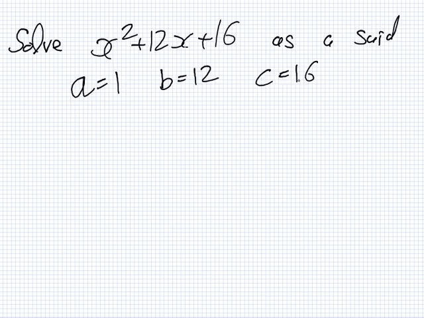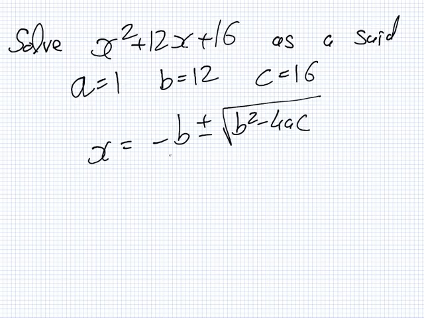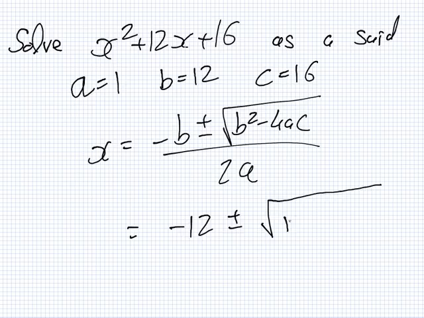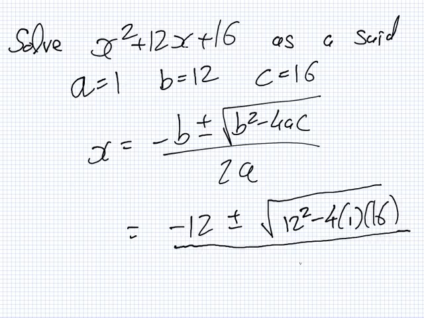Okay, so let's use the formula. The answer should be x equals minus b plus or minus square root b squared minus 4ac all over 2a, the usual. Okay, so I have minus 12 plus or minus square root 12 squared minus 4 times 1 times 16 all over 2. That's okay?